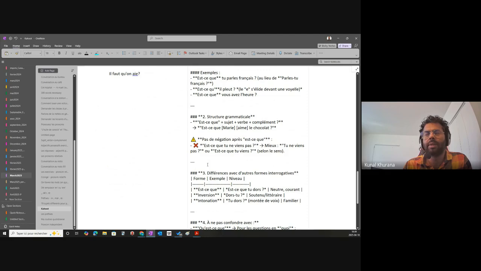But simply keep in mind that est-ce que has not much importance, according to me. It's just equal to a question mark. But if you add que in front of that, qu'est-ce que, then it becomes what? What? That's all about qu'est-ce que. Rest is not important.